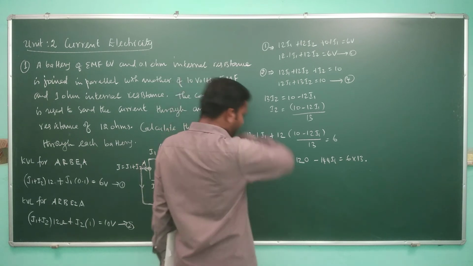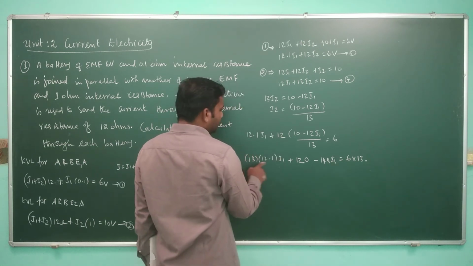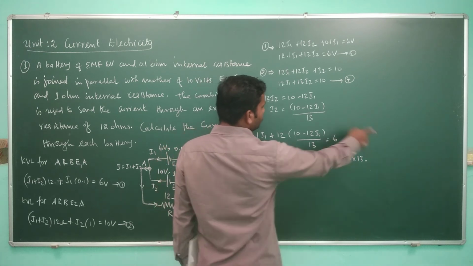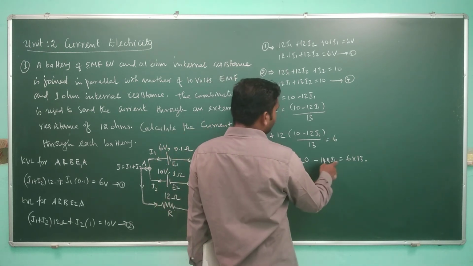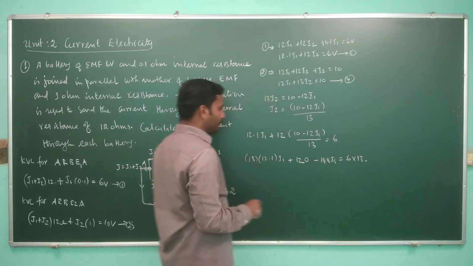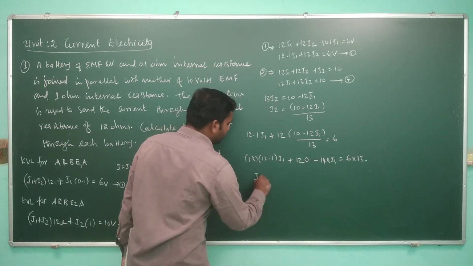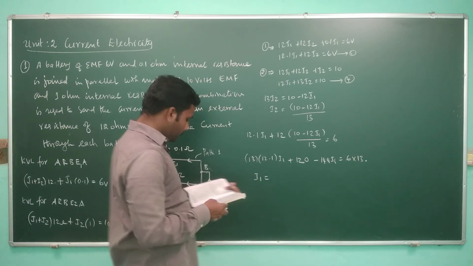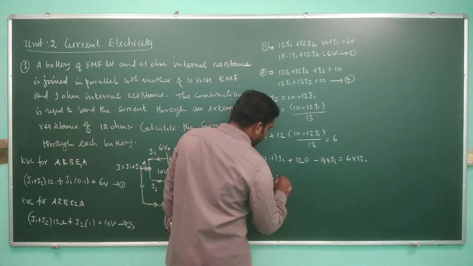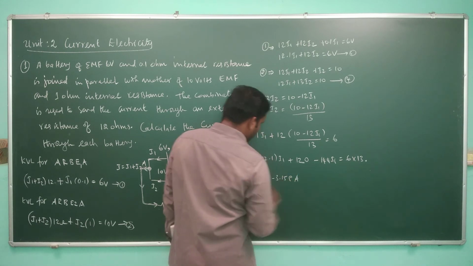Next you can write 13 into 12.1 I1 plus 120, bring it to the right side, minus 144 I1 equal to 6 into 13 minus 120. If you solve this equation, you will get the value for I1 as minus 3.158 ampere.